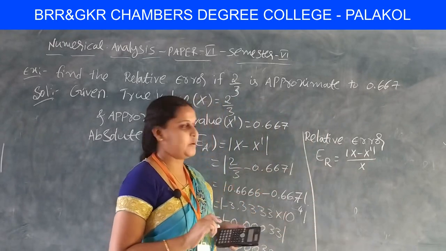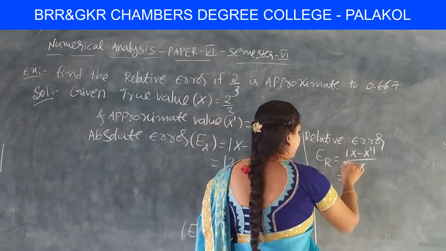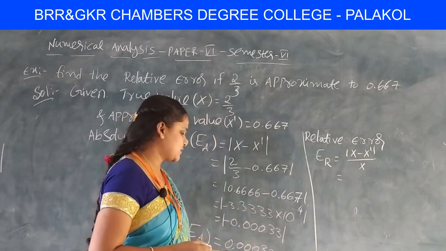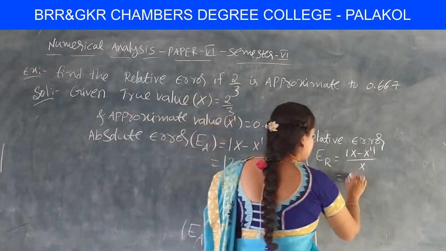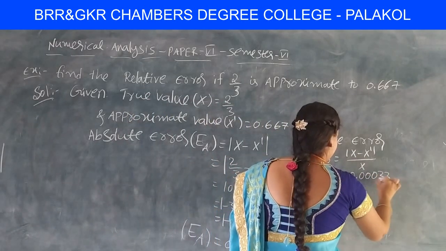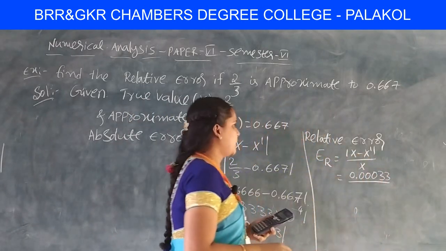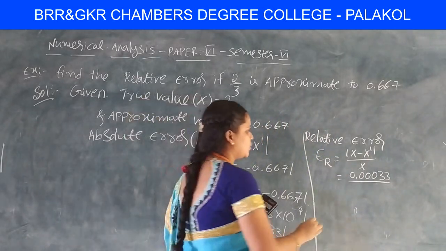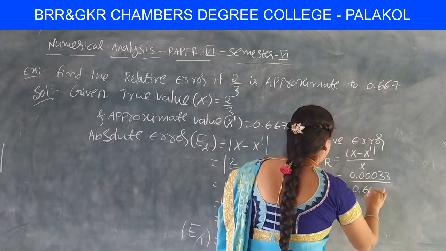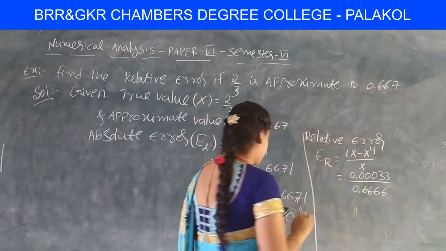The absolute error modulus of x minus x dash is 0.00033, divided by capital X, the true value, which is 2 by 3, that is 0.6666.